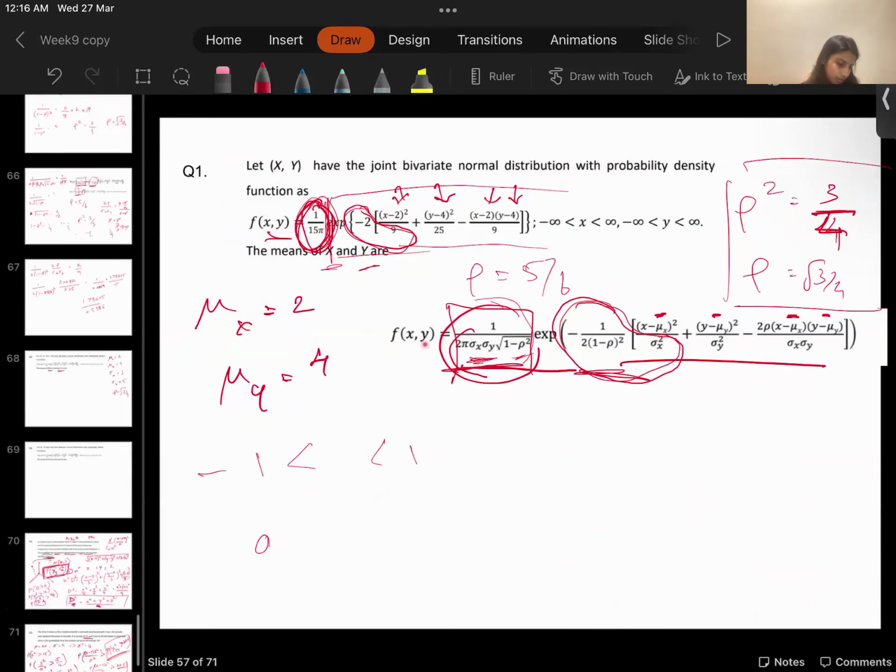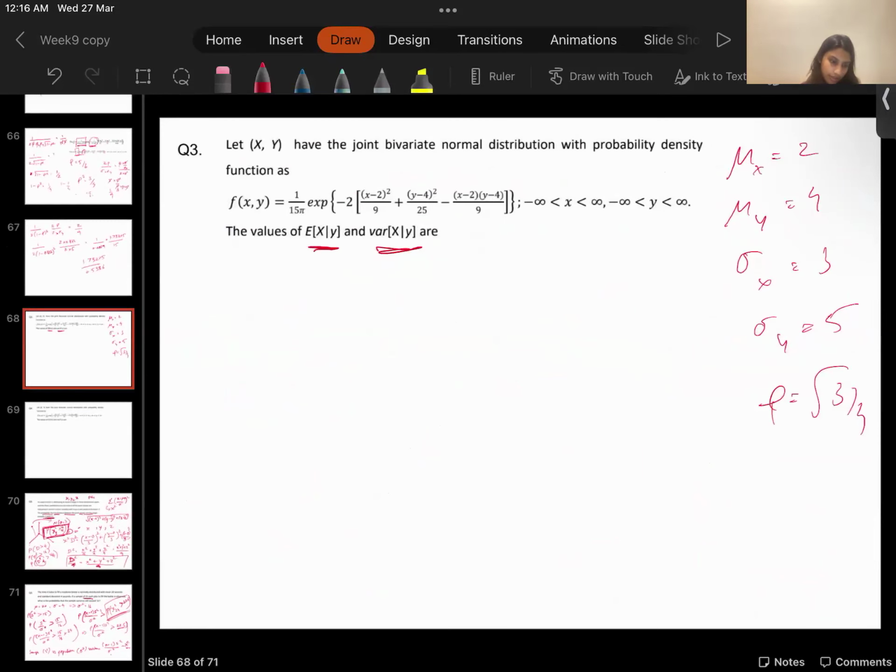Okay, let's go back to the question we were trying to solve. We have calculated all these. Now you need to calculate this expectation and variance. For that, we already saw the formula.